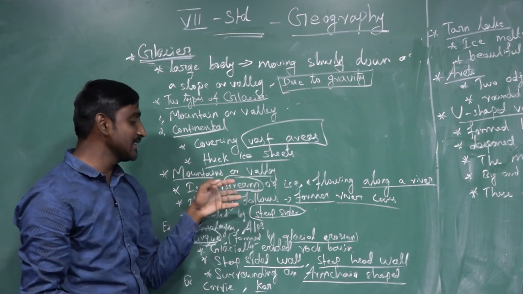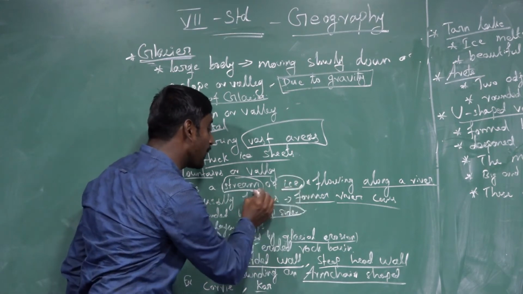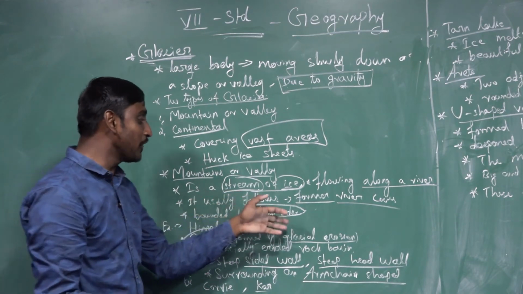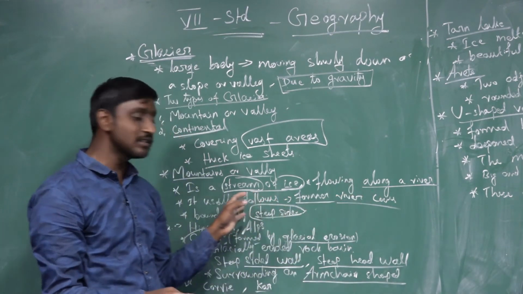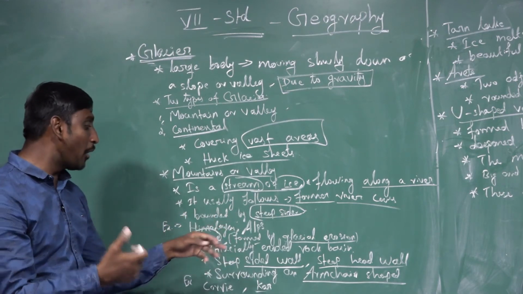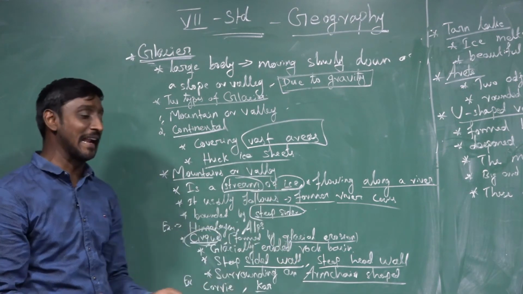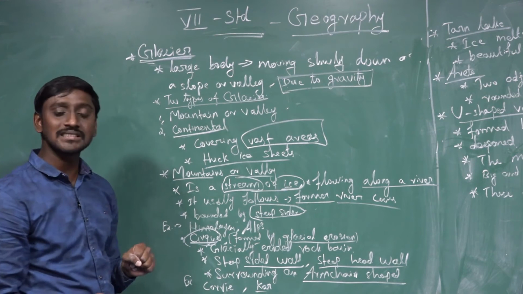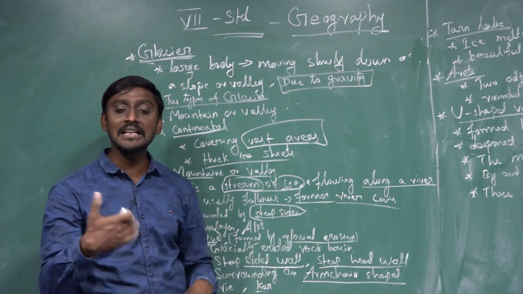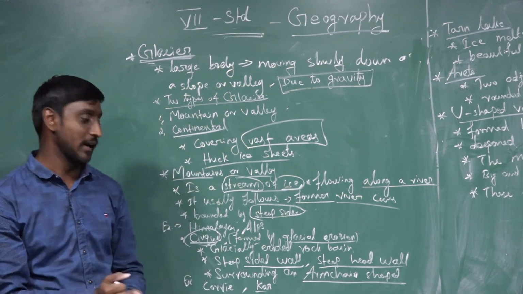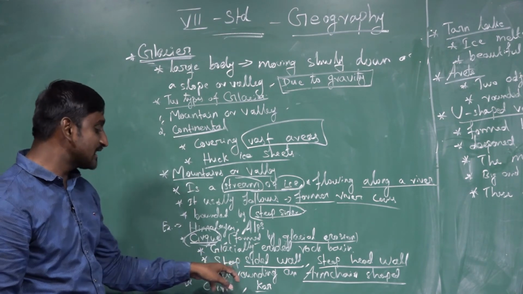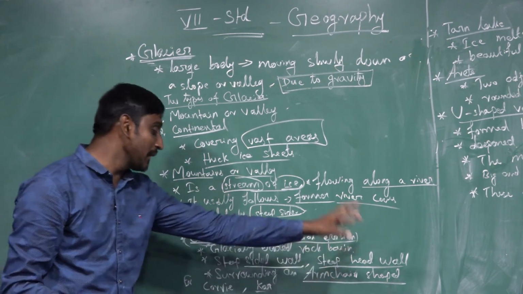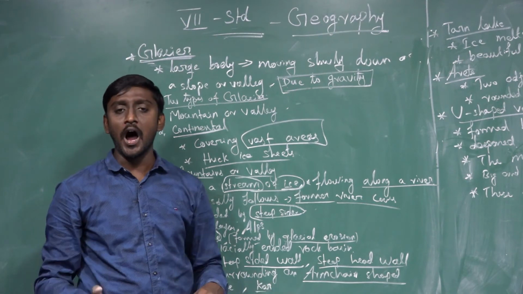A mountain glacier is a stream of ice flowing along a river, following the former river course and bounded by steep sides. Examples are the Himalaya and the Alps. Next, the cirque is formed by glacial erosion, with steep side walls, a steep head wall, and an armchair shape.